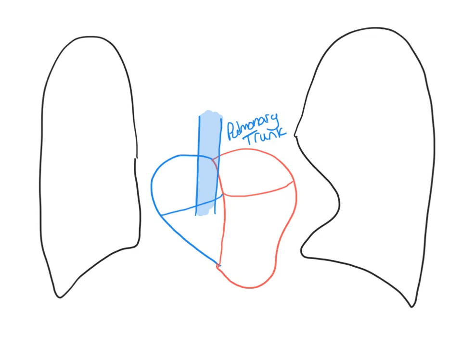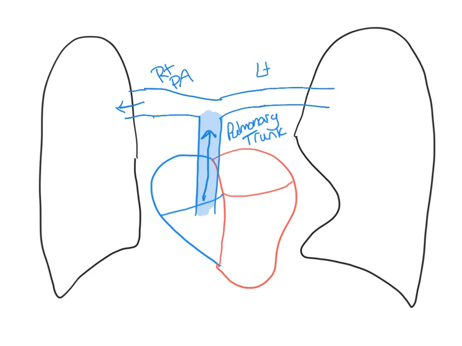The pulmonary trunk then divides into the pulmonary arteries. So the right pulmonary artery is going to go into the right lung, deliver blood to the right lung. And then we have the left pulmonary artery, which is going to carry blood to the left lung.